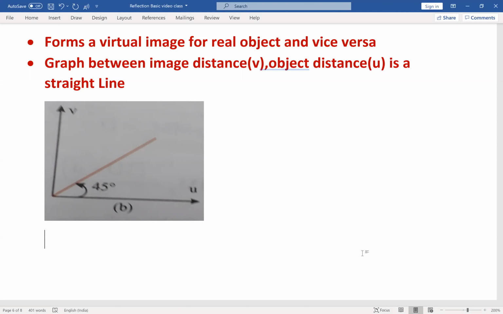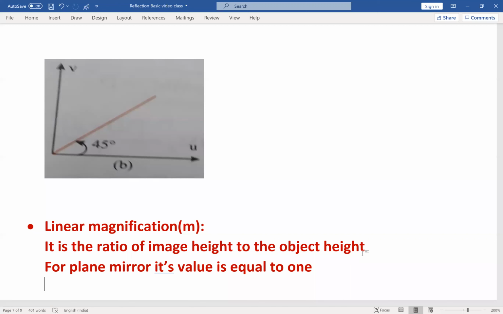It is also represented with a parameter called linear magnification. We'll discuss that in a moment. We know that the size of the image is equal to the size of the object. The graph was drawn between object distance and image distance, but these distances are indirectly related to the sizes of the image and the object, so you can interrelate the two.